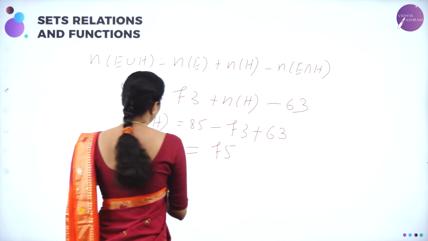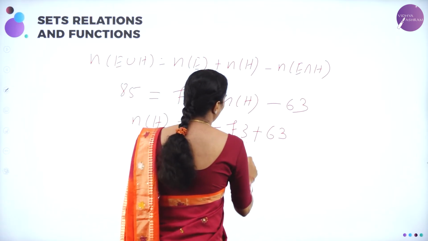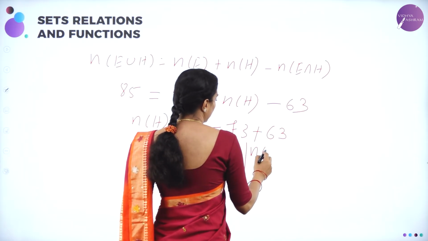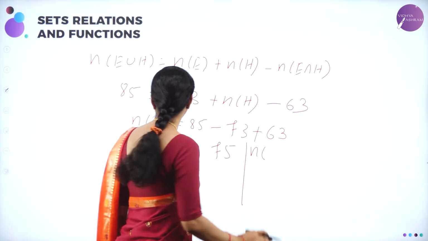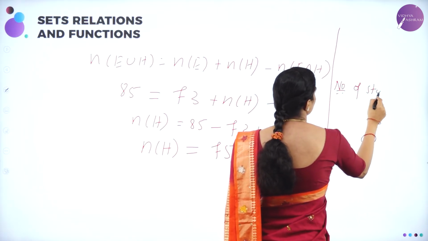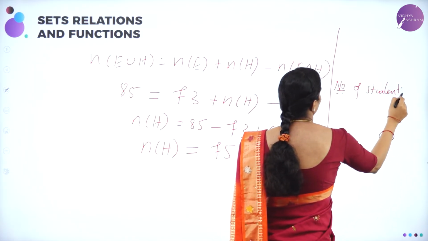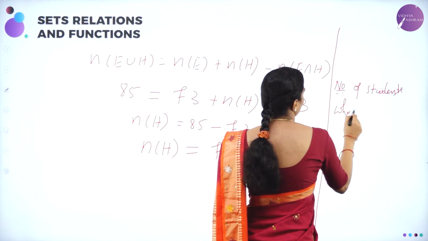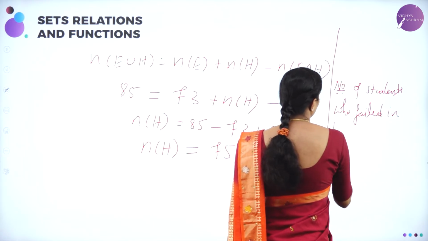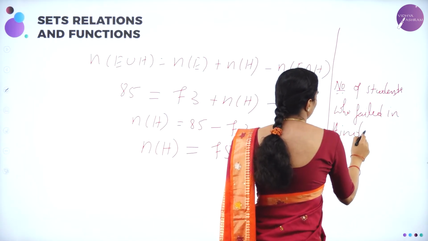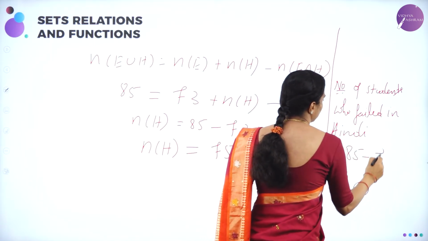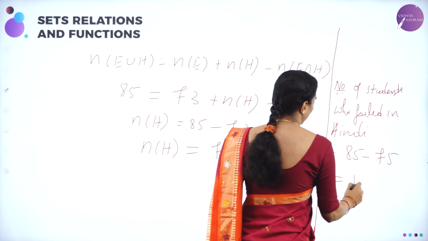Therefore, we are going to have N of failed in Hindi, which is nothing but the number of students who failed in Hindi will be equal to 85 minus 75, which gives you 10.